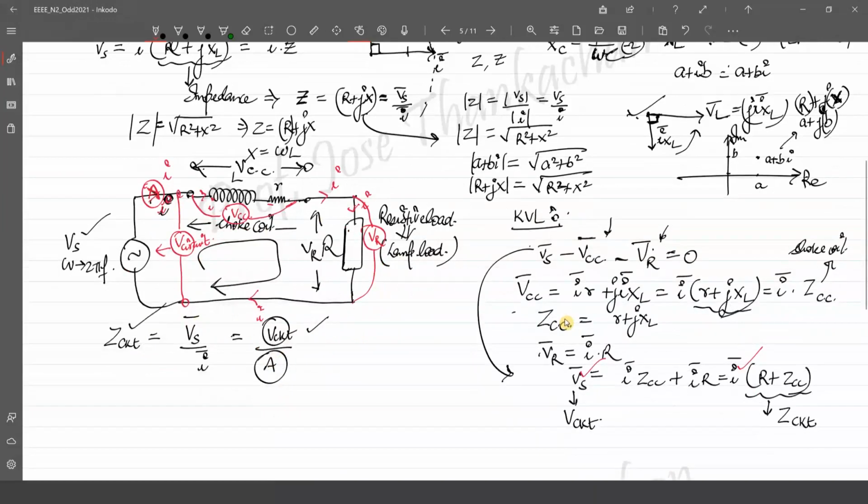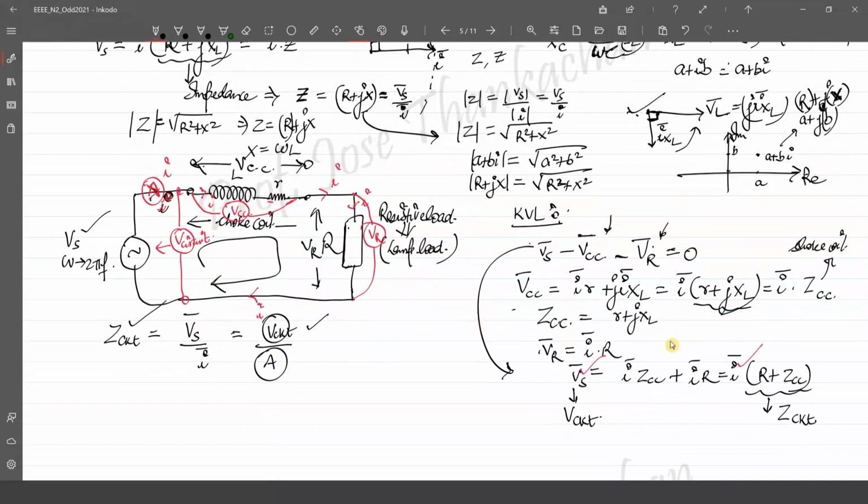Also, what is known to us is ZCC. What is ZCC? R plus JXL. How do we find this? Because we know what VCC is. This voltmeter reading is known to us, we are measuring this. So ZCC is nothing but VCC divided by I. We are already measuring the voltage across the choke coil using the VCC voltmeter, and the current is measured by the ammeter here.